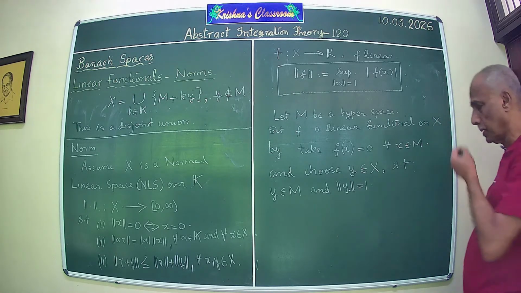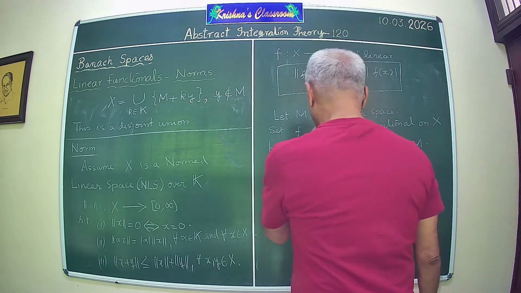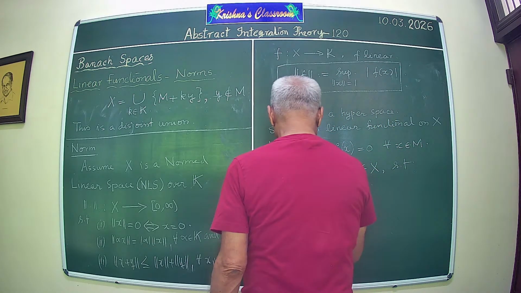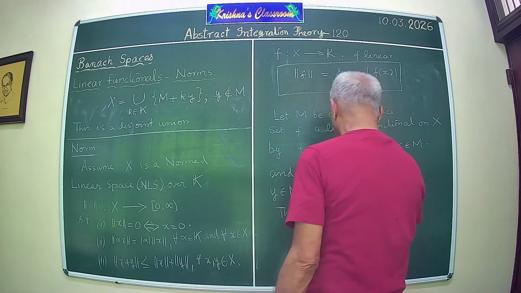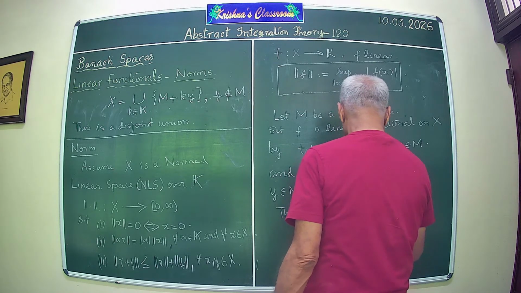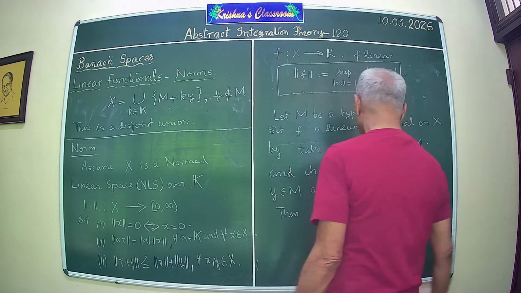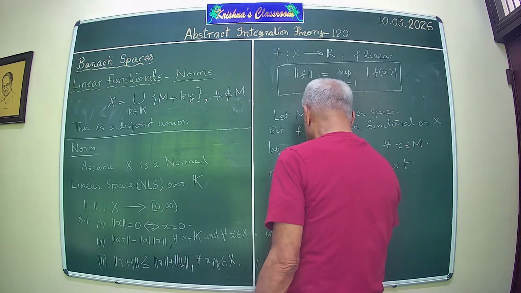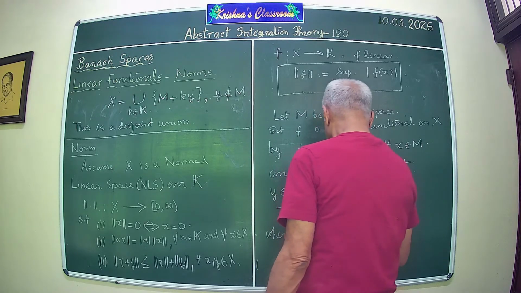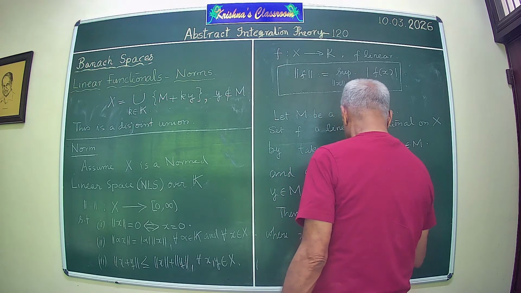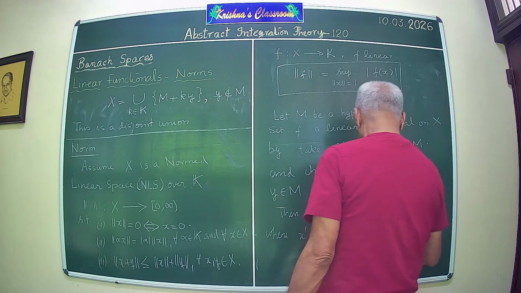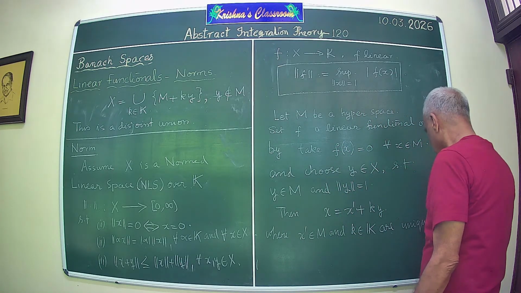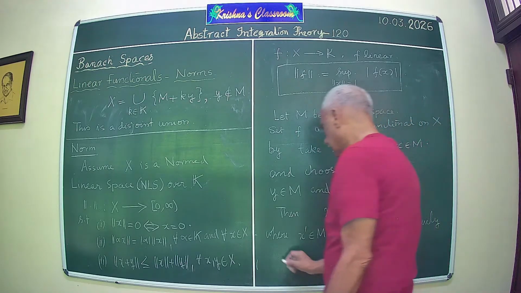Right? Now, x is equal to x prime plus k times y, where x prime belonging to M and k uniquely determined.